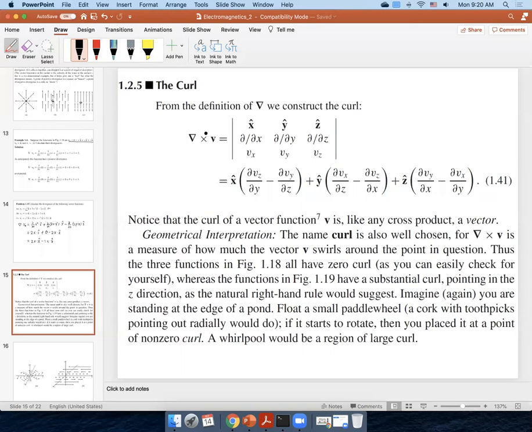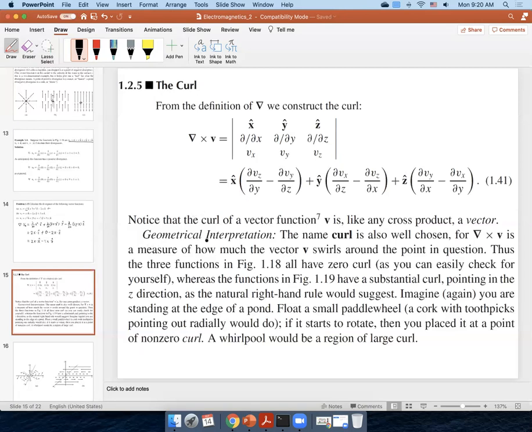So in Vx or Vy or Vz, you have 3 variables, which are x, y, z. Vx doesn't mean a function depending only on x. It's still a function of x, y, z, but it's just the x component of the vector function. So the cross product could be written in this way, as we introduced in the first class, and then you can read it in this form.